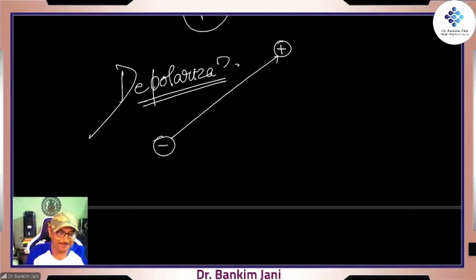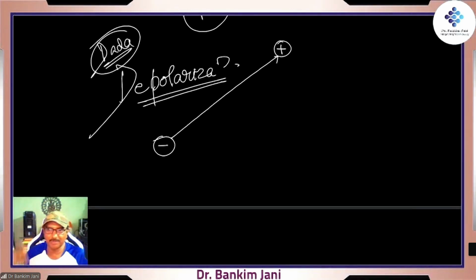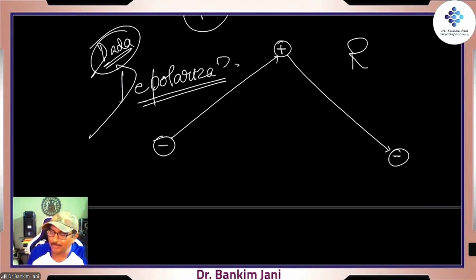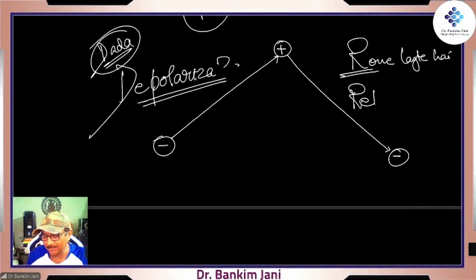Last batch. Right? So we use the word that they start becoming dada, right? When they start becoming powerful. Right? And then when from plus it goes towards minus, so this रोने लगते हैं. In fact, we wrote it in Hindi only. रोने लगते. It is R. R is repolarization.